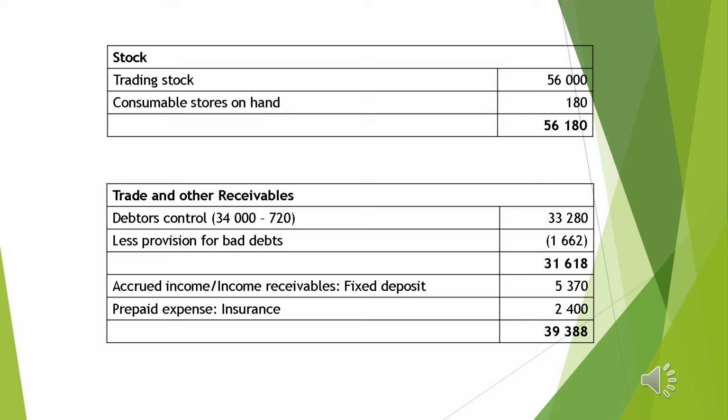With the insurance, we paid for 12 months, but the months that were due for this particular financial year is 4 months. Then for the rest of the months, which is 8 months, 300 times 8 gives us an amount of 2,400 rand, which means our prepaid expense is 2,400 rand.